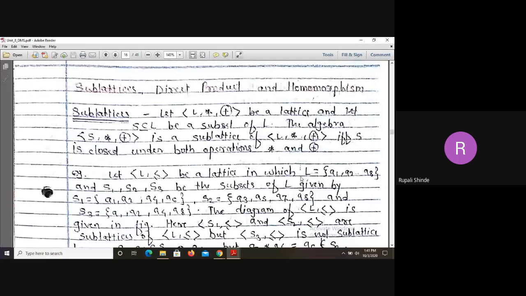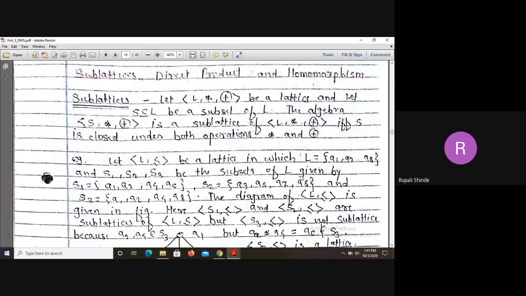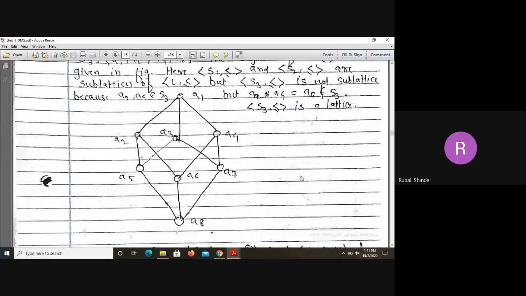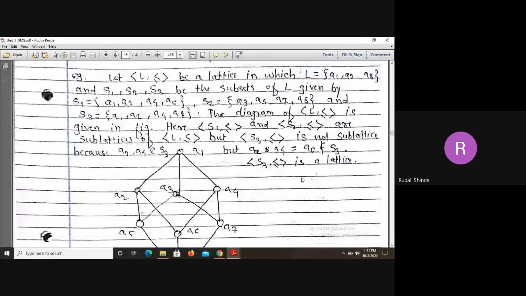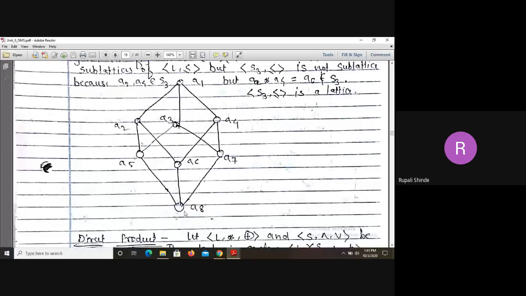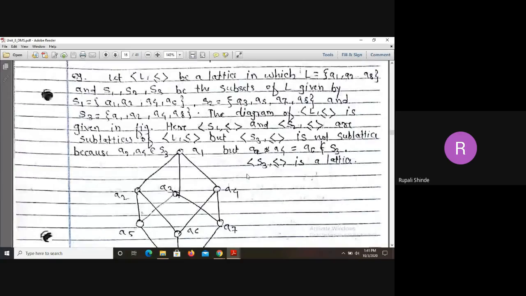Yes, that condition is correct. Now here one example is given. From that, we have to recognize what are the sublattices of the given lattice. Let L, a partially ordered set, be a lattice in which L is equal to A1, A2, up to A8. So L consists of a total of 8 elements, A1, A2, A3, A4, A5, A6, A7 and A8.